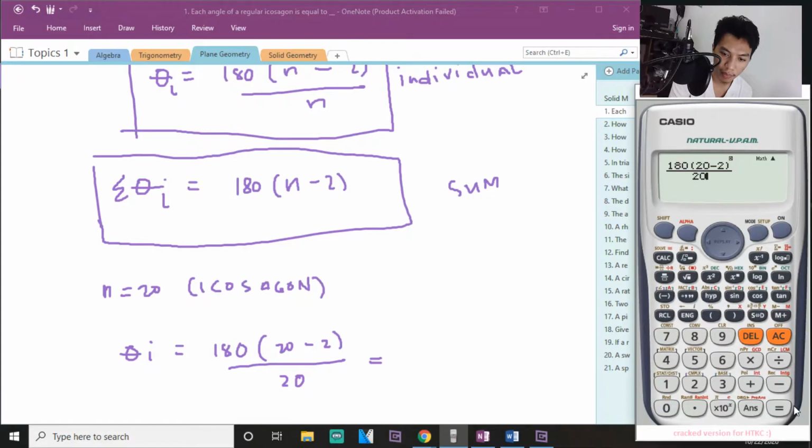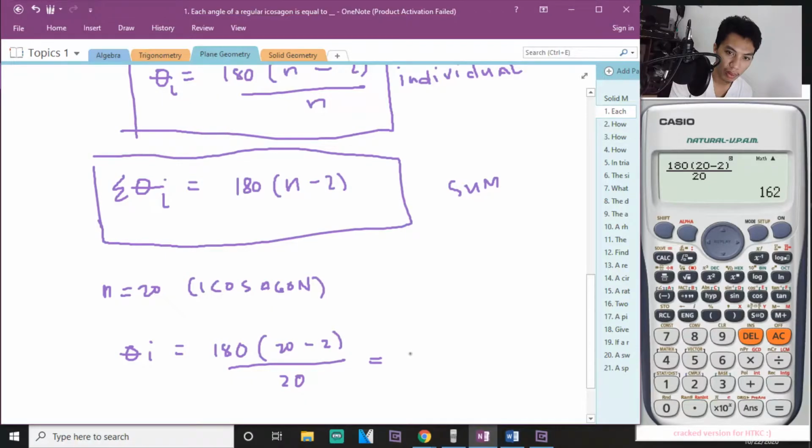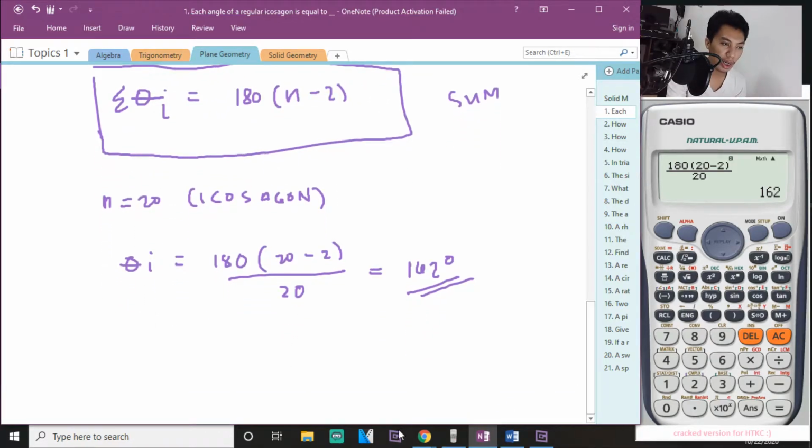Angle is 162. 162 degrees. Okay? Ngayon, for the total angle, the sum of interior angles, 180 times 20 minus 2.